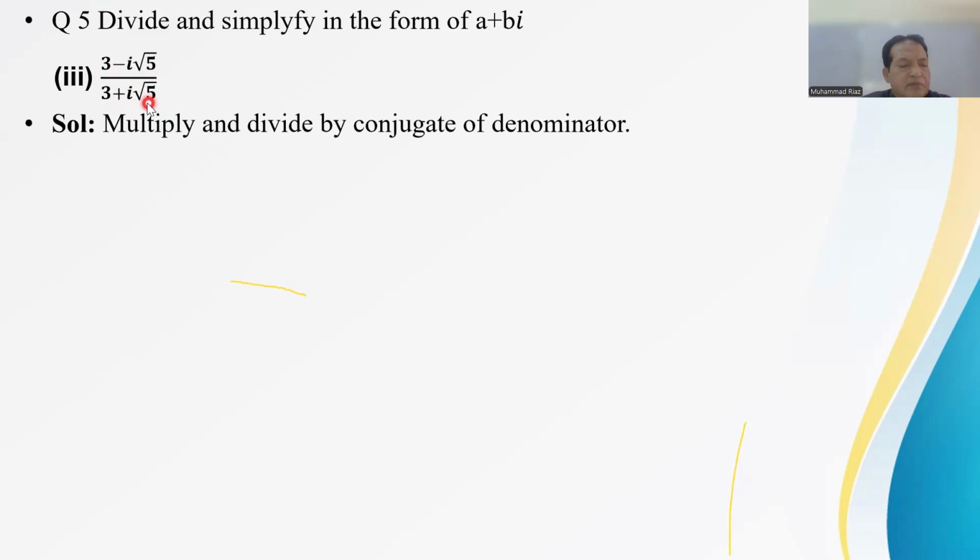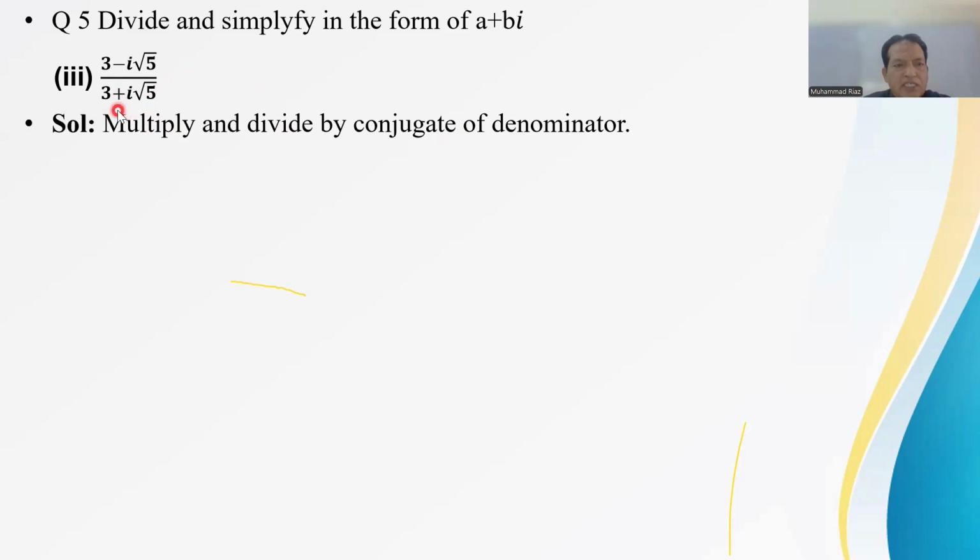Second step, solution for this division: multiply and divide by the conjugate of the denominator. Look at the screen, the denominator is 3 plus iota under root 5, and the conjugate of 3 plus iota under root 5 is 3 minus iota under root 5.